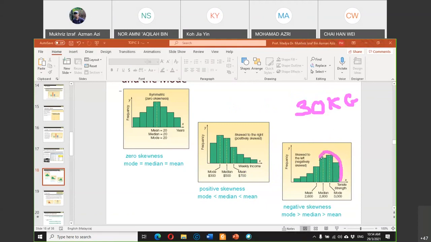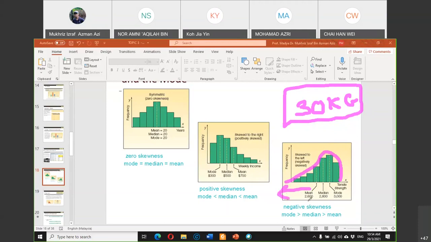When you calculate the mean weight of the students in the class, there is one very small student, maybe not a healthy student, who only weighs 30 kilograms. So the entire classroom mean will be affected by this one student's small weight, and the mean will be pulled to the left.